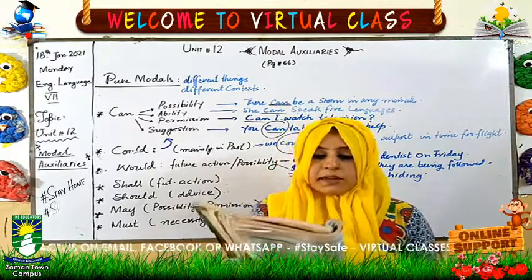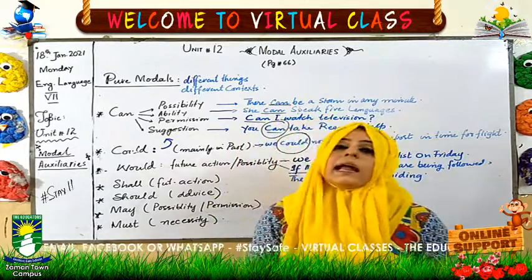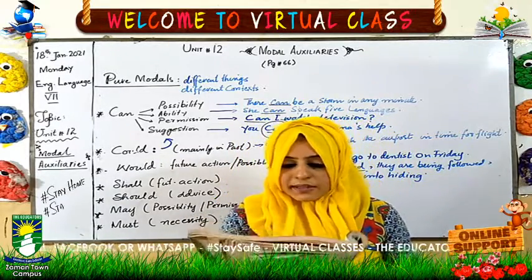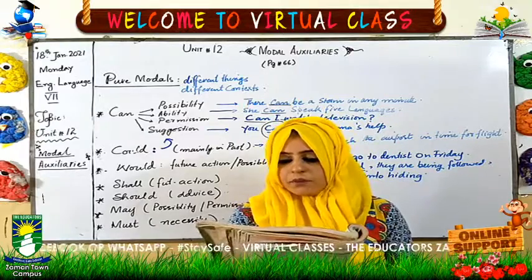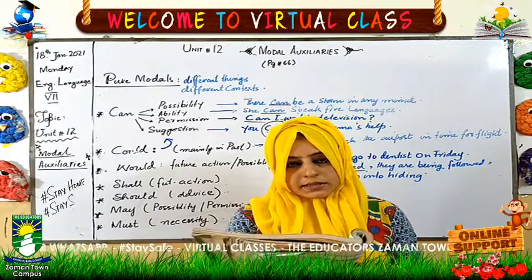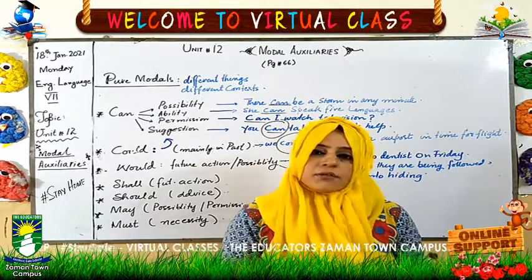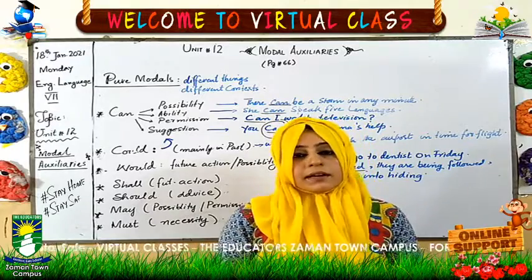Now, come up to exercise C. It's on similar page number 67, and I am reading the question. Fill in the blank with the suitable modals from the options given. Some may have more than one answer. Here the options have been given and you have to select the correct one.